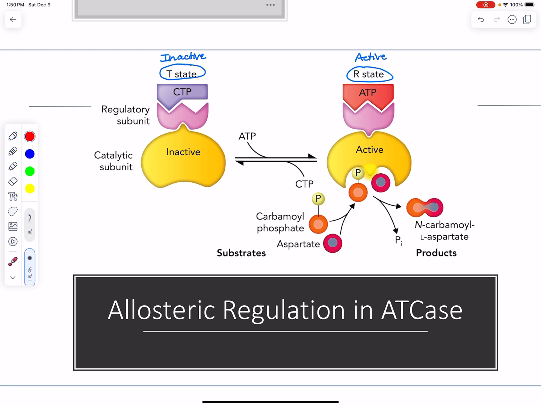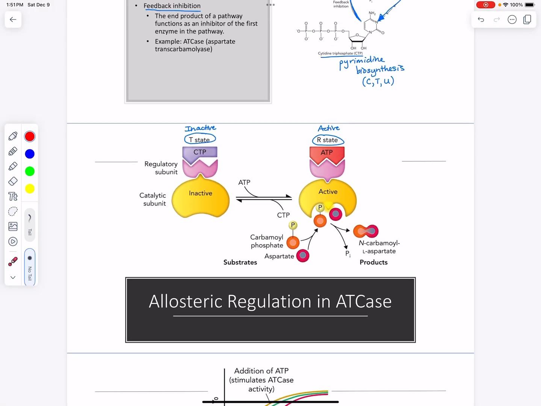Then you get carbamyl phosphate and aspartate being combined to form N-carbamyl aspartate, which is the reaction this enzyme catalyzes. So the ATP-CTP balance in the cell is going to fine-tune how much ATCase activity you get in the cell.